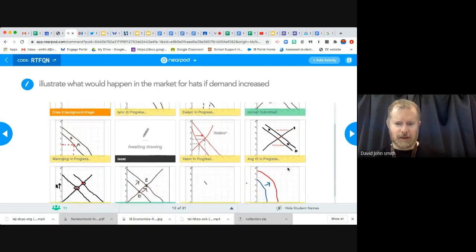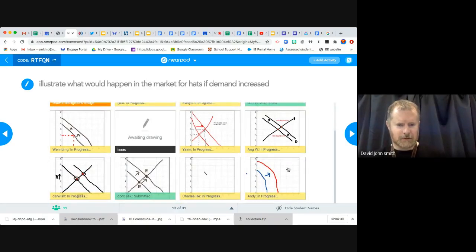That's looking very good, Andy. Well done. Again, you want to highlight what has happened to the price and what has happened to the quantity. Yeah, so you should have a supply curve in here to show that it's an equilibrium.